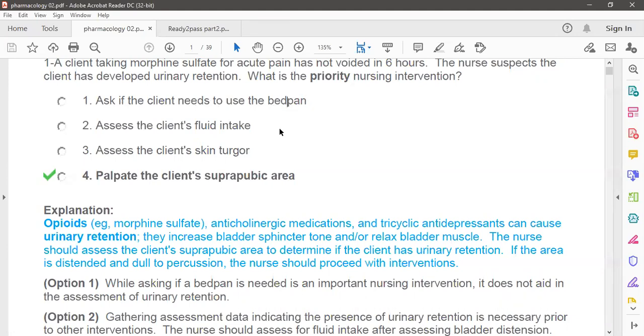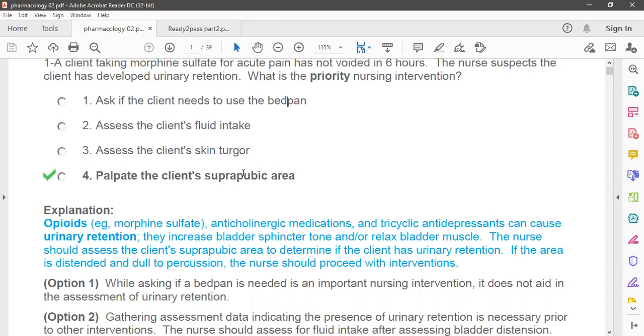Assess the client's fluid intake: I will do it, but it is not the priority, because if my patient already has urinary retention and you give more fluid, the retention will get worse. First of all, make sure what the diagnosis of my patient is. Assess the client's skin turgor: it is a sign of dehydration, but not now.